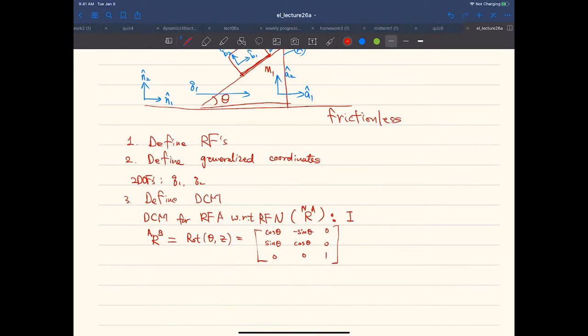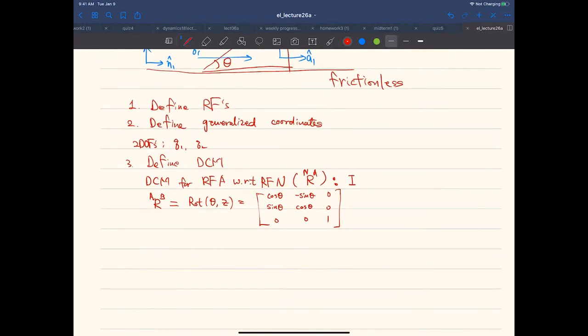Now, if we're using the Lagrangian method, Lagrangian mechanics, we have to first define kinetic energy and potential energy. To find them, for kinetic energy we have to find the velocity, right? And also angular velocity if it has rotation. Anyway, to find the velocity, what do we have to do?